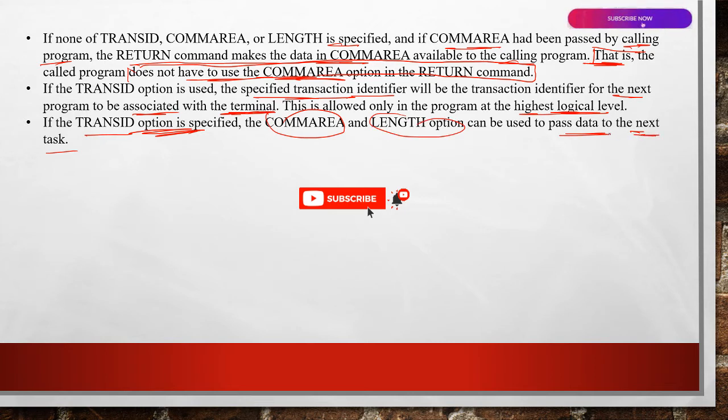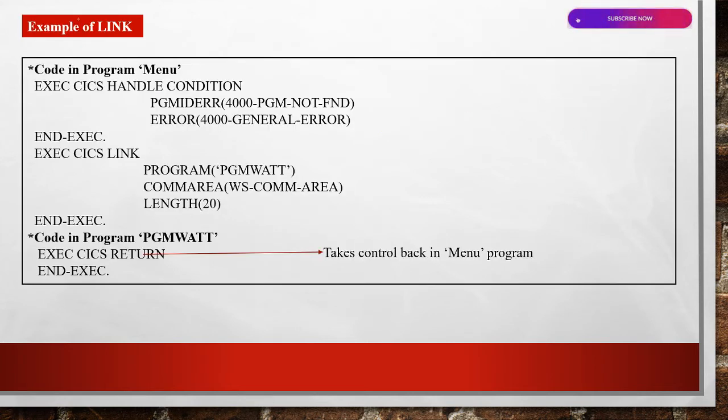We can use the COM area as well as the length option to pass the data to the next task. An example of LINK: we have code in the program MENU, and we are using EXEC CICS HANDLE, handling the condition PGMIDERR. Okay, means program not found, a general error. And EXEC CICS LINK, this is an example of LINK.